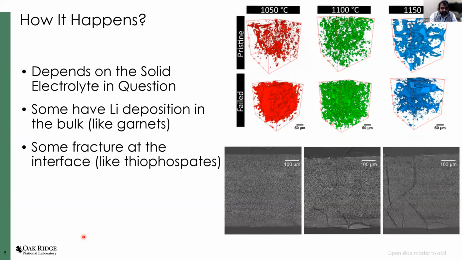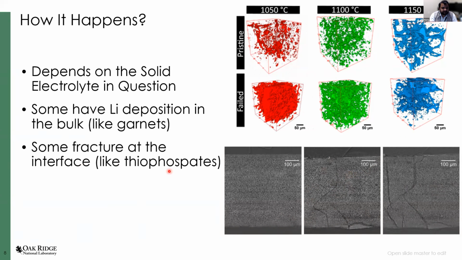The question of how it happens really depends on what kind of solid electrolyte material you are working with. But using some synchrotron imaging methods, we've been able to track the evolution of cracks and filament formation within these solid electrolyte materials, and we are able to hypothesize the mechanism of how these things happen.